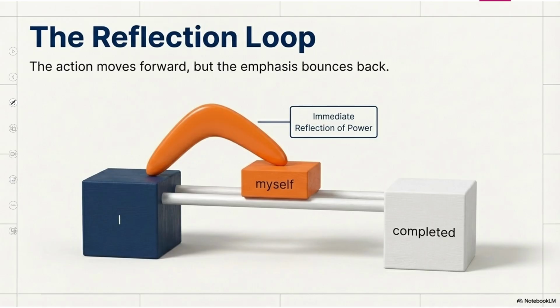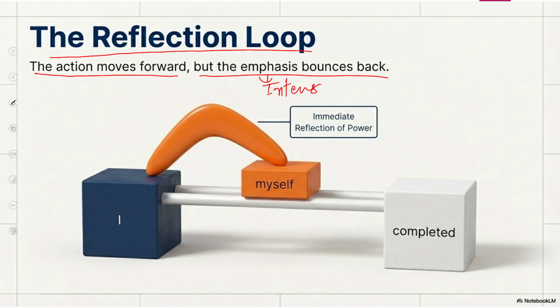Now look at this. The reflection move. It means that the action moves forward. Whenever we do an action, it moves forward. But the emphasis, meaning the intensive pronoun, bounces back. Now look at this sentence. I myself completed the task.